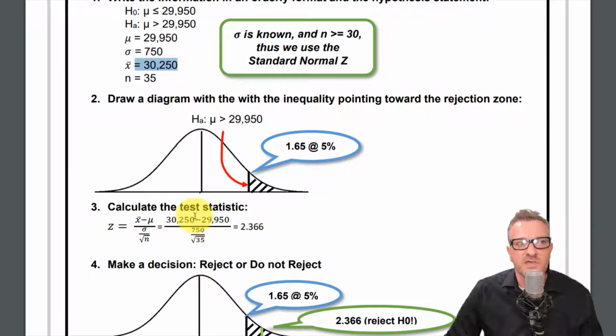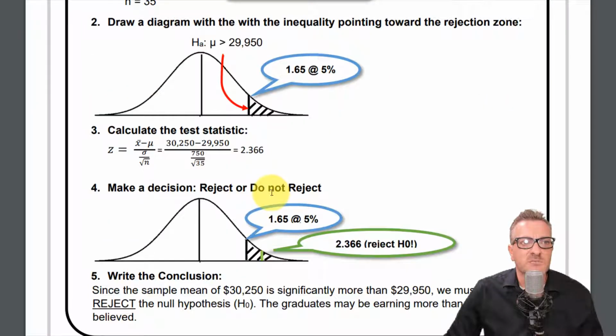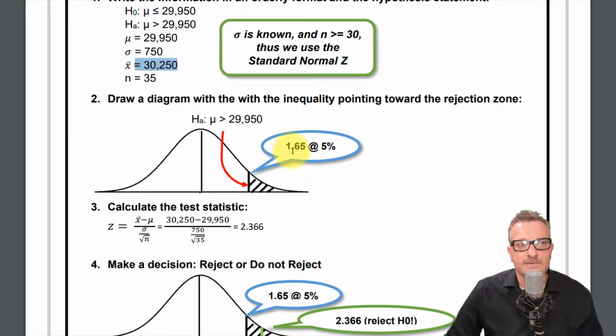So we draw our picture, and the inequality always points towards the rejection zone of the alternative hypothesis. So this is where our line's going to be for our rejection zone. Now in this case, we did this last time, but what you would do is you would look up, if it was 5%, what the z-score is for 5%.